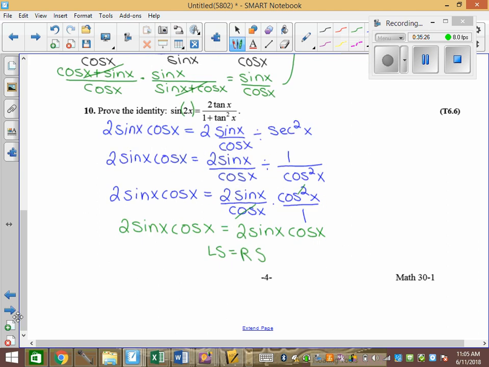An aside and not part of this question: if I give you this, 2 cos squared x equals cos x, and I asked you to solve it, a totally different side question. What can you not do? You would not want to divide.